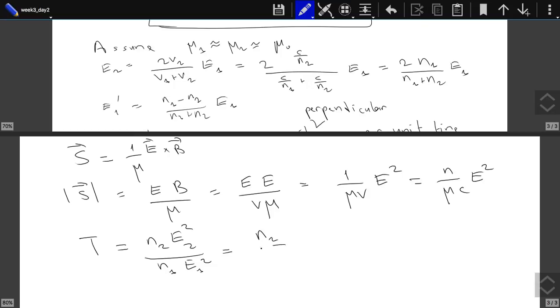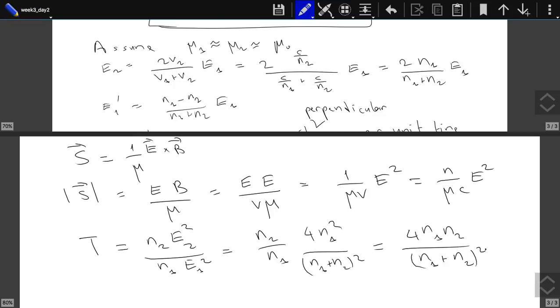So this is n2 over n1, times E2 squared, which is 4 n1 squared divided by n1 plus n2 squared. The E1 squares just cancel. So this is equal to 4 n1 n2 divided by n1 plus n2 squared.